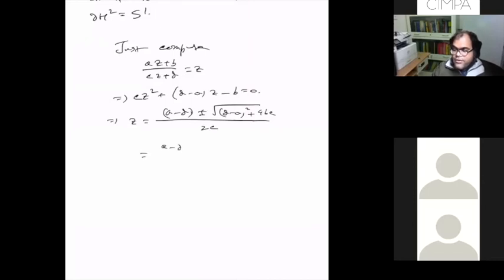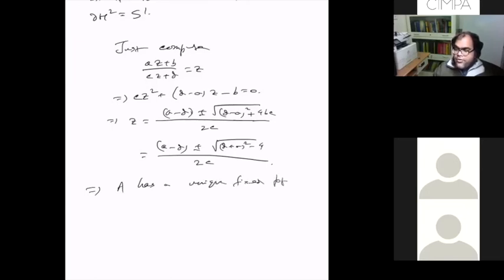So this is same as ((a−d) ± √((d+a)² − 4))/2c.